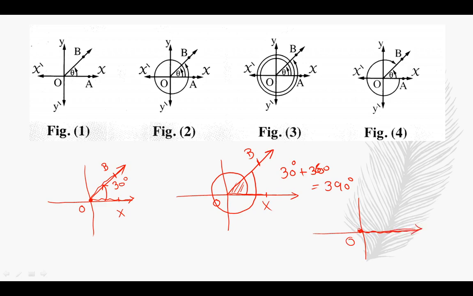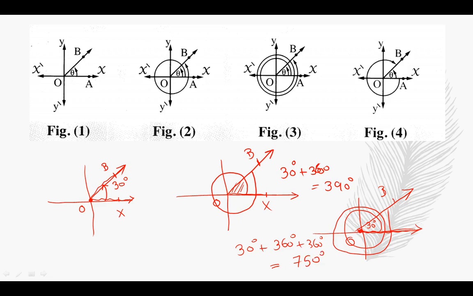Here the angle starts from the initial side and makes one turn, which equals 360, and another turn, which equals 360, and goes back to the same terminal side, OB. So its measure is 30 plus two turns, 360 plus 360, which equals 750.